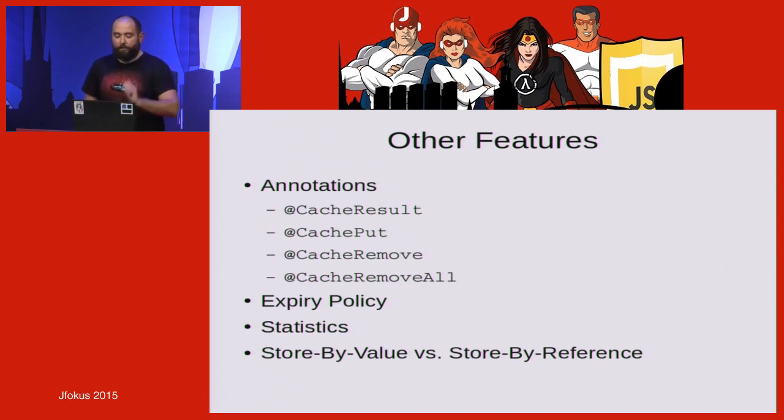I am not from the expert group of JSR 107, but I believe the reason is that, as I said, the implementations are usually distributed, and it's quite hard to do store by reference over multiple JVMs. So by default it's store by value. The specification defines store by reference as well, but that's just an optional feature, so it may or may not be in your implementation.